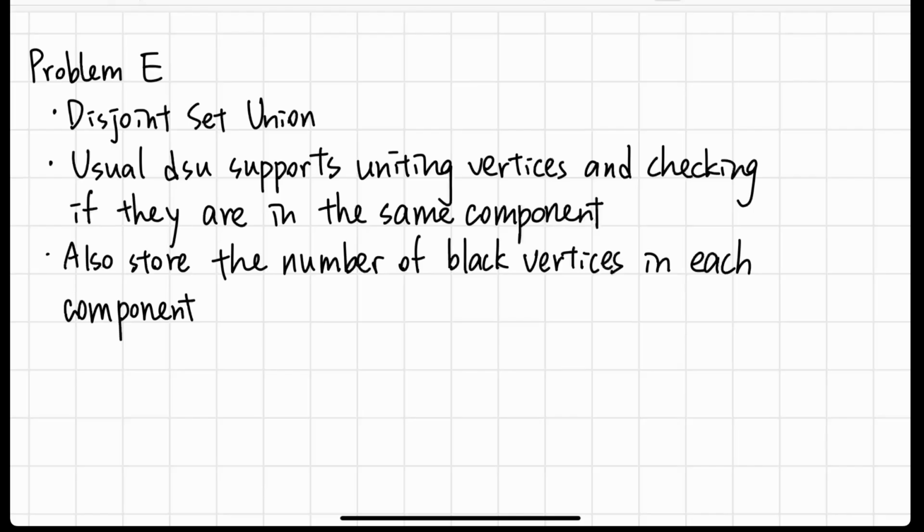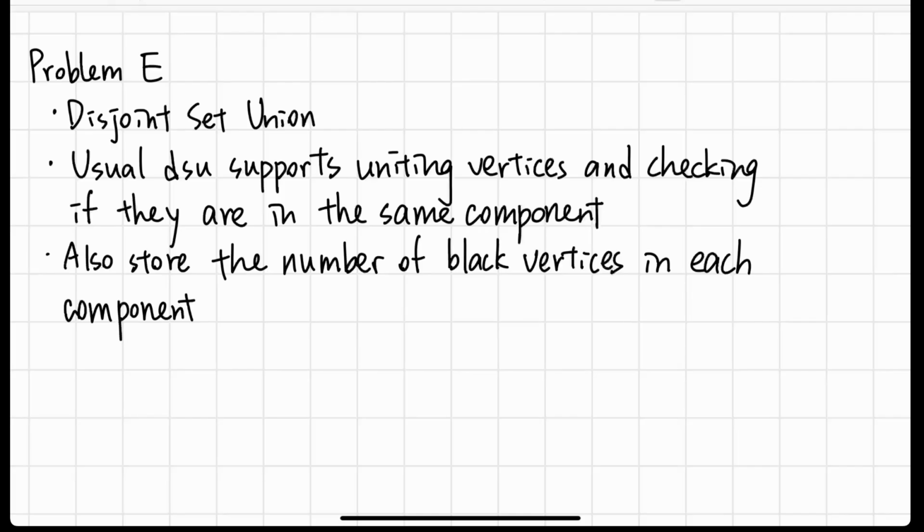This is similar to what this problem is asking, except that this problem also includes the fact that there are two colors, black and white, and when we want to check, we're not checking for two specific vertices, but one vertex and whether it's connected to a black vertex. So this gives us the idea that we want to use a DSU, and to modify the DSU to match this problem.